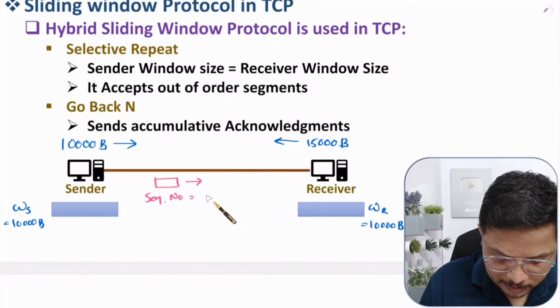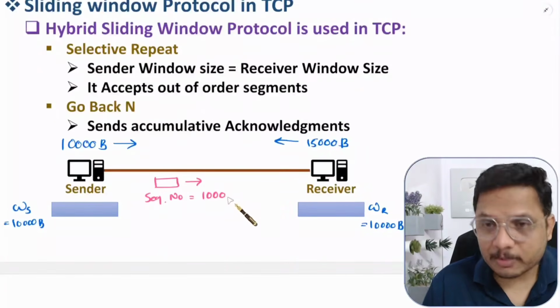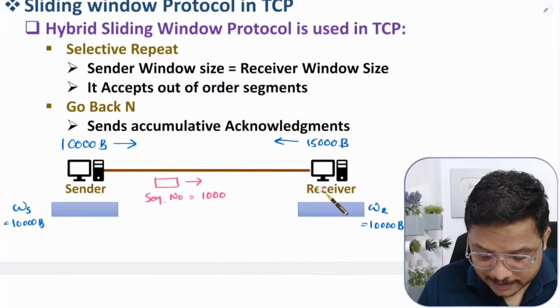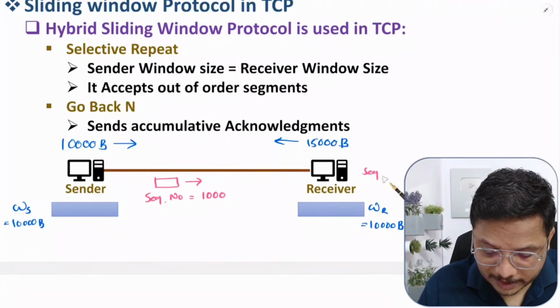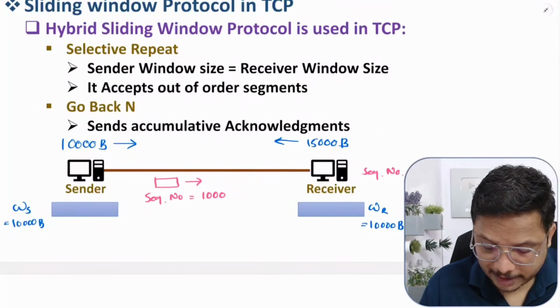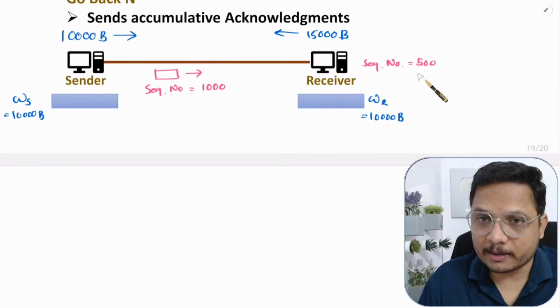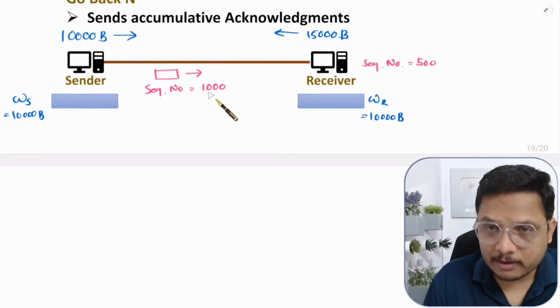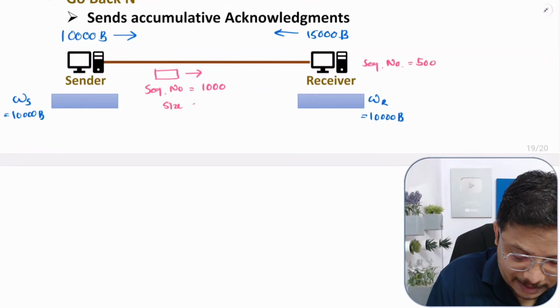Let us say the receiver is waiting for sequence number 500, but the sender is sending sequence number 1000. Let us say the size of this segment is 500 bytes.